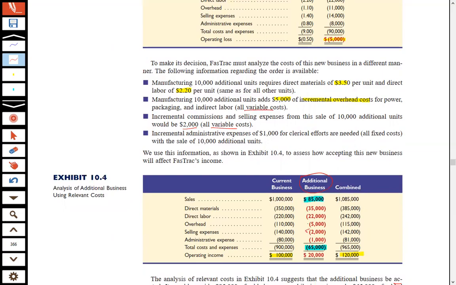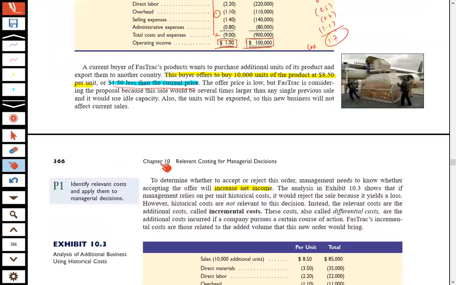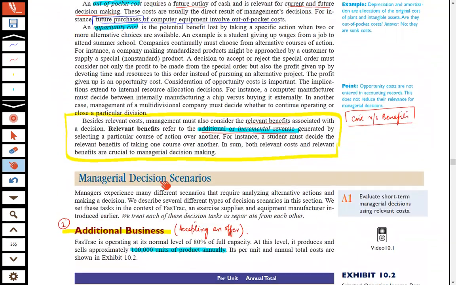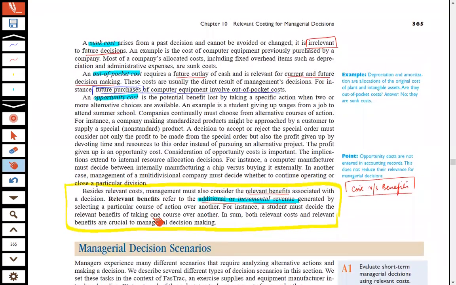So they are written here as 5,000 and 2,000. And incremental administrative expenses for clerical efforts are needed, all fixed costs with the sale of 10,000 units. So the additional incremental is 1,000. So we have considered this. What we have learned here.